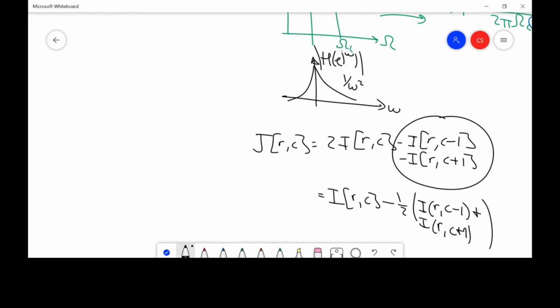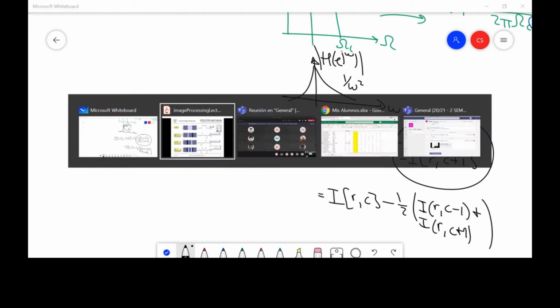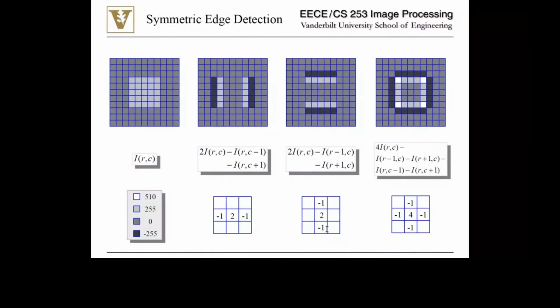Now you see better: I have the current pixel and a weighted average of the neighborhood. This is the way to compute borders, and any other possibility that we saw is the same. Divide this by 4, then you have the central pixel minus a local average of the neighborhood.